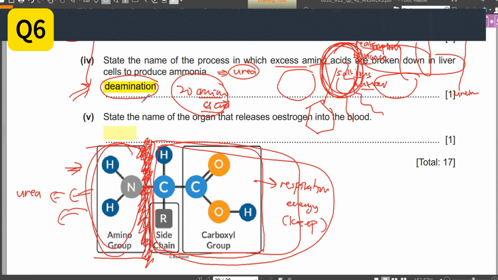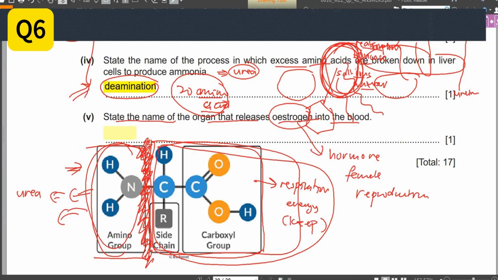Next, state the name of the organ that releases estrogen into the blood. We know estrogen is a hormone related to the female reproductive system.